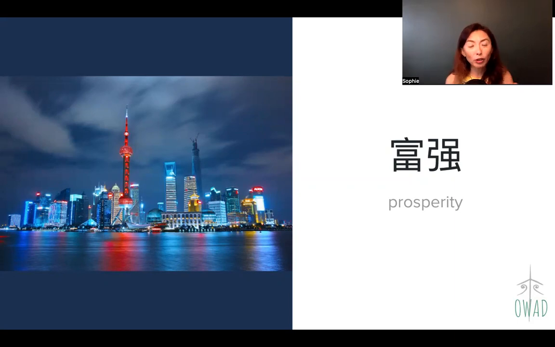So if you want to show a country's prosperity, it already implies economic and military must go with it, right? Otherwise, it's kind of imbalanced. When you have the wealth, you have to protect that wealth somehow, right? As a nation. So this 富强 in Chinese characters actually combines these 2 parts already.